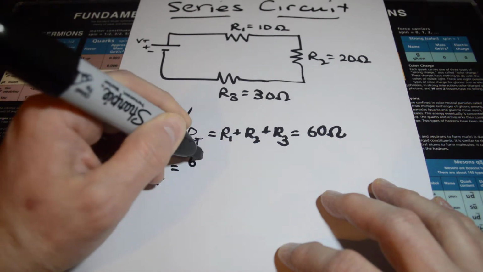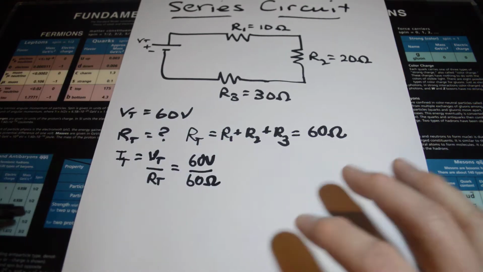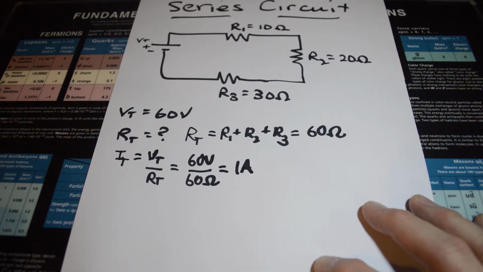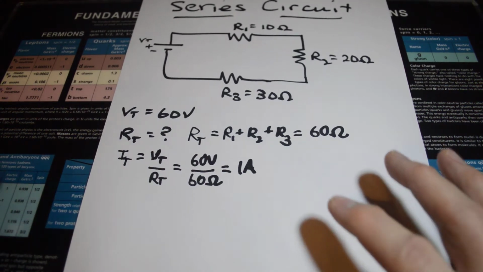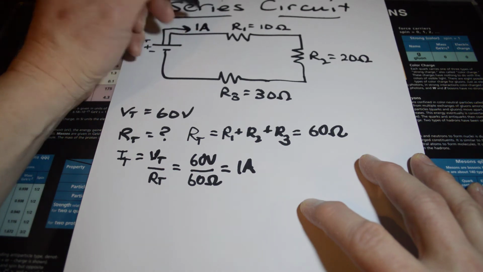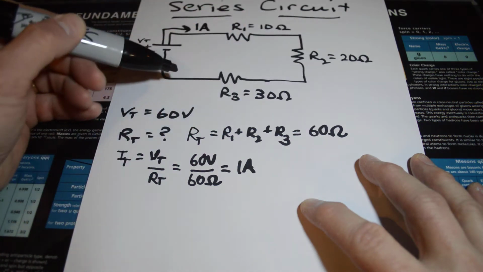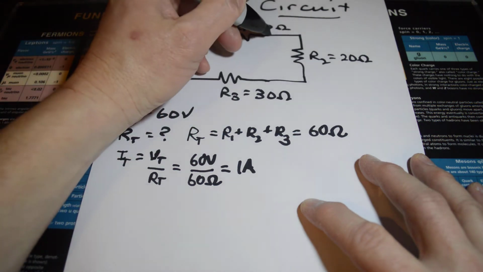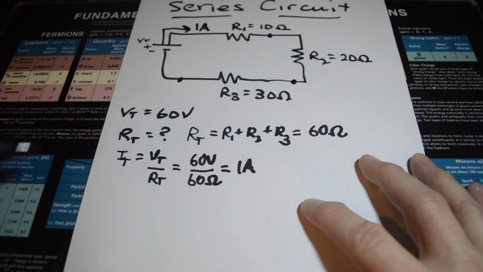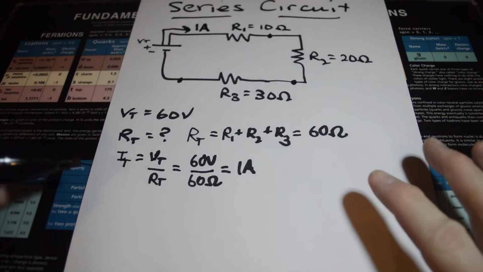Total voltage being 60 volts, and now we just found that that's 60 ohms of resistance. Made the problem easy to give us a total current of 1 amp. That means out of the power supply you're going to get 1 amp. And what we learned in the last video was if you put an ammeter at any spot along here, whether you chose here or somewhere in the middle, you're going to get 1 amp for each one of them. So that's the current through R1, R2, or R3.